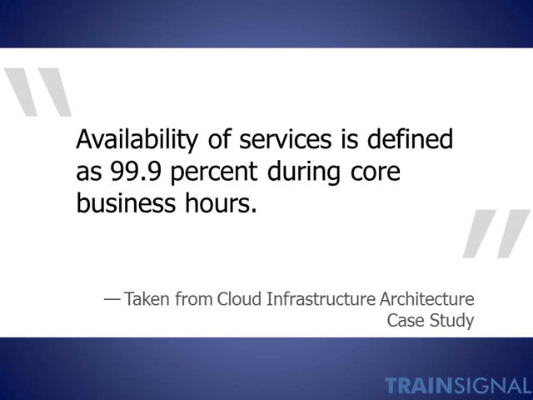It's an availability requirement that says availability of services is defined as 99.9% during core business hours. So this is a requirement. This is a design factor that has been generated from the requirements analysis process. And now we need to determine what solutions can we use, what solutions should we use to satisfy this requirement in our design. Let's delve into this in a little more detail.